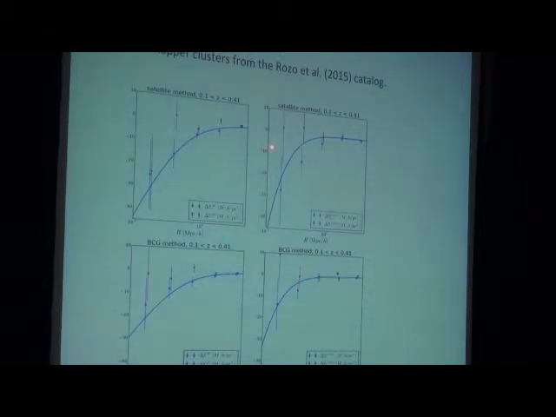Just to show you what the measurements look like, this is this particular component of the shear. Let's just look at the upper two panels, where the blue points are the lensing signal. The red points are a test that we can do that should be consistent with zero. This doesn't look like an amazing measurement, right?